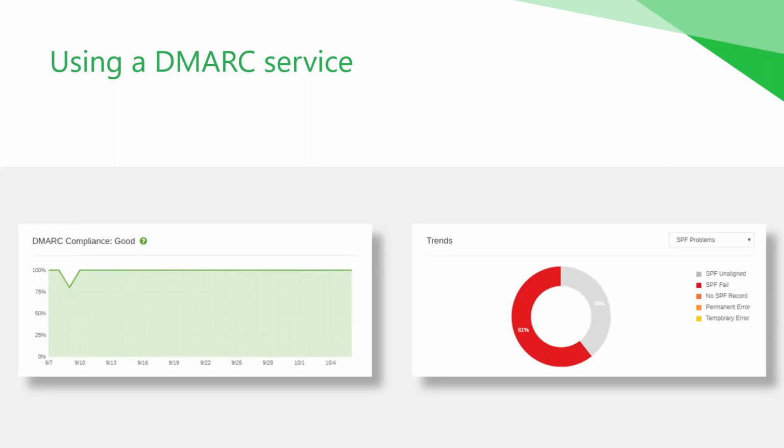Some trending. Trending is always important. On the left-hand side here, reporting compliance. This is a graph to show the percentage of mail being seen on a daily basis in regards to what's actually compliant and what's not. So it's not trying to show you, yes, you're in 100% compliance because your DMARC is good that day.